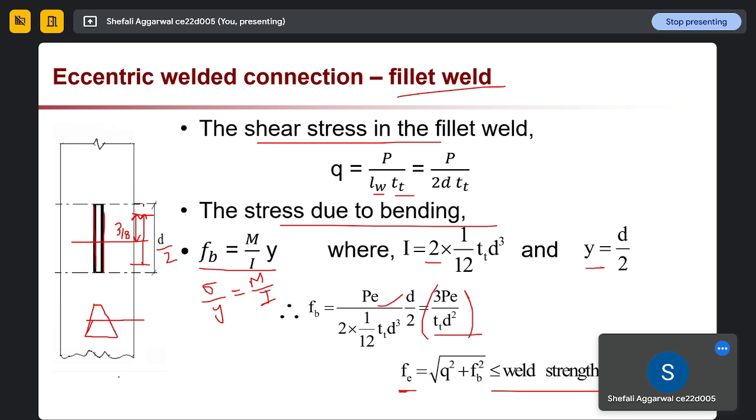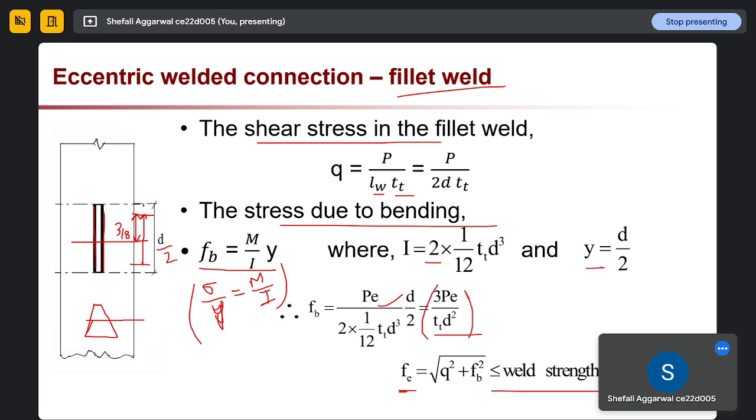And why are we calculating it as D by 2, ma'am? Why are we considering y as D by 2 while calculating the bending stress? Because of the moment of inertia formula, you might have studied, no? In this case, y is our distance from the neutral axis.